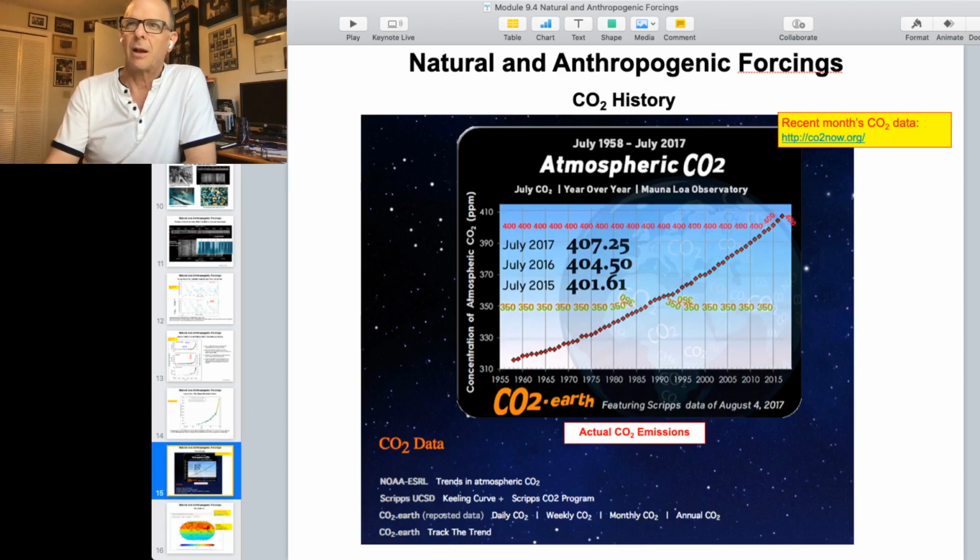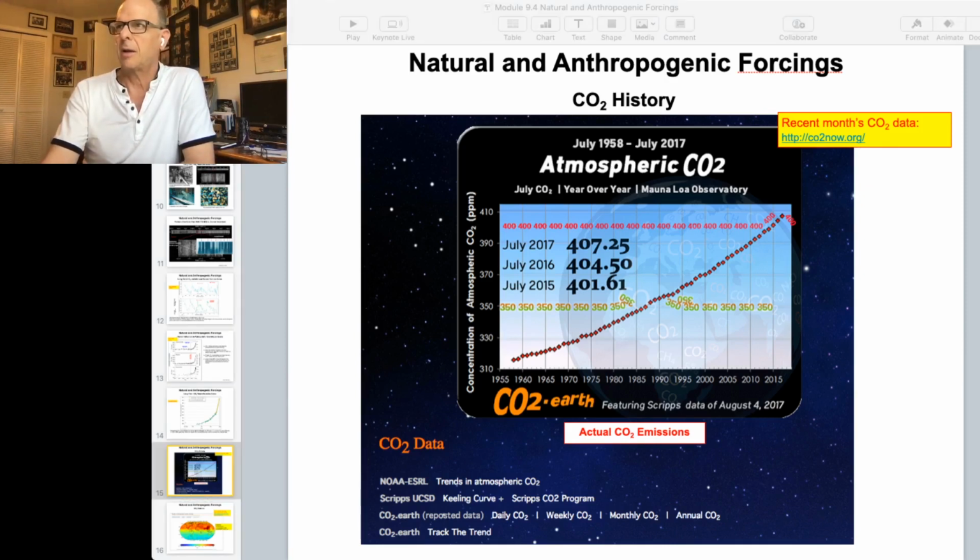Again, this is a slide made a couple of years ago, so it was showing 407 parts per million of CO2 in 2017. You can go to this website, CO2now.org, and get an up-to-date number, and if I click on it right now, I find that on the day that I'm recording this, it is 416.39 parts per million.